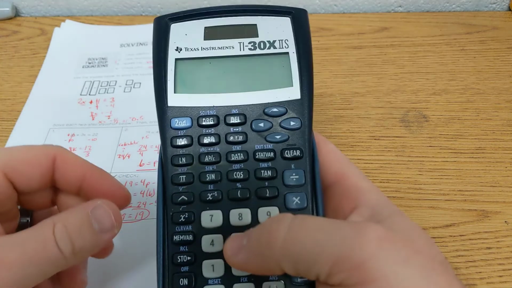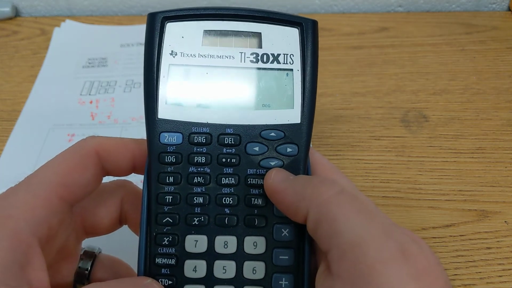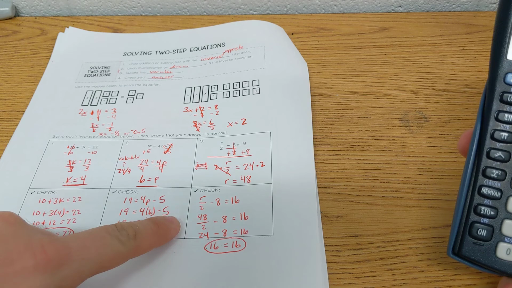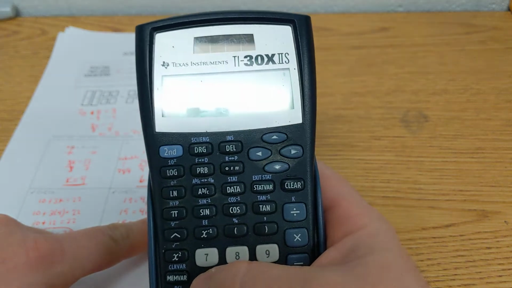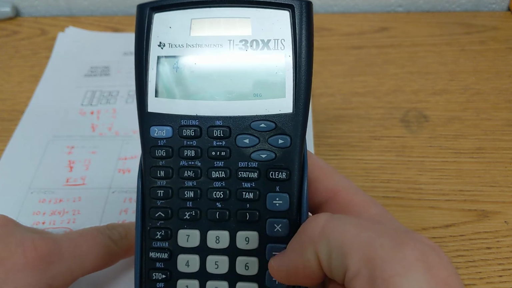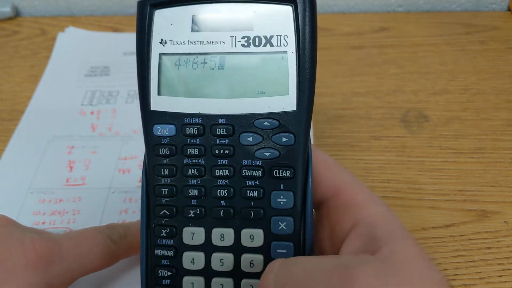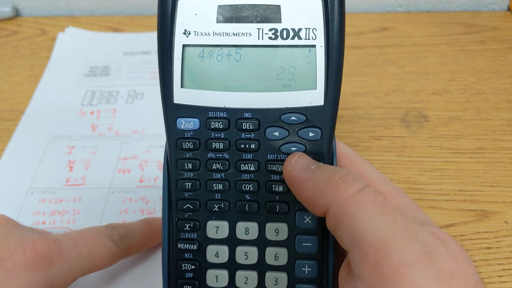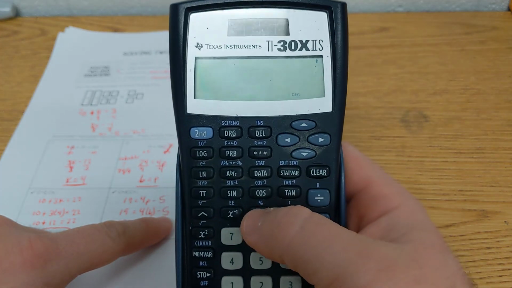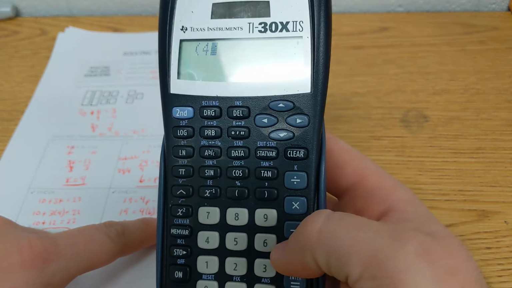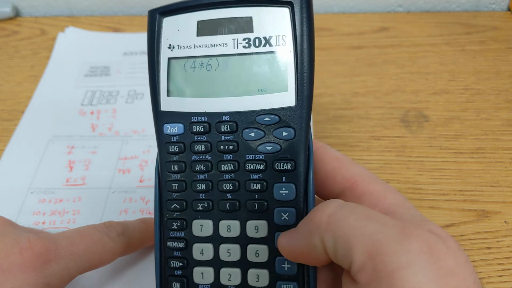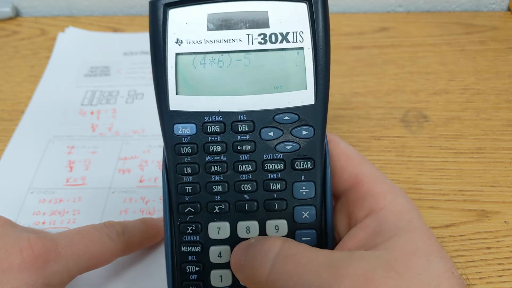Now, if you're like, well, I don't want to write all that out and I still want to check it, well, all right, so you know you got 19, right? So we can put this straight into the calculator. And watch, we can do 4 times 6 minus 5.